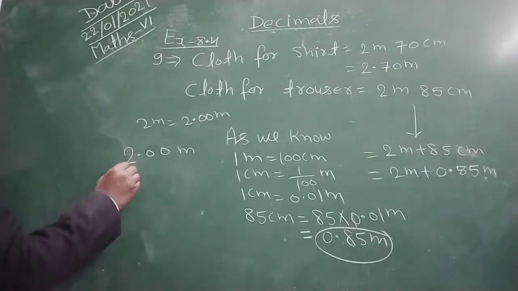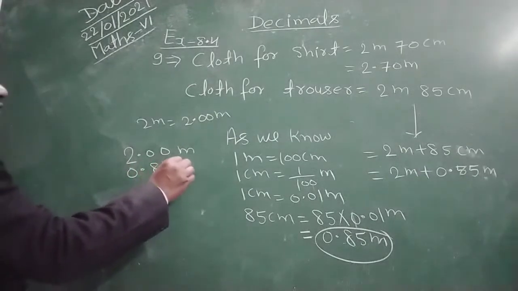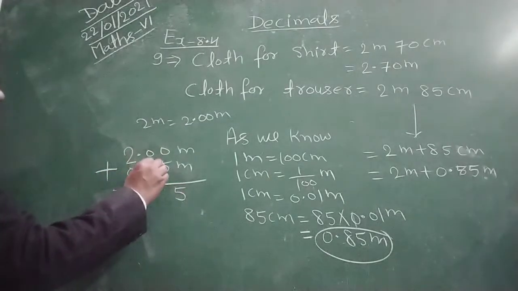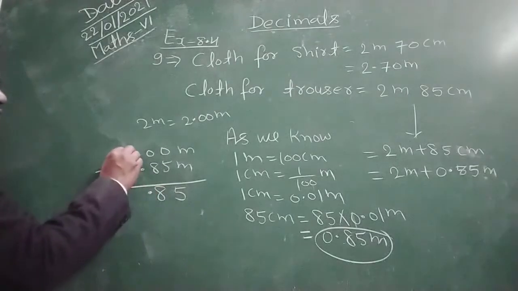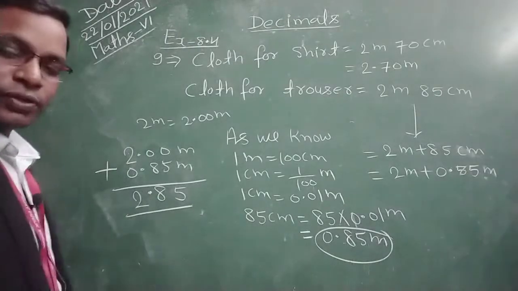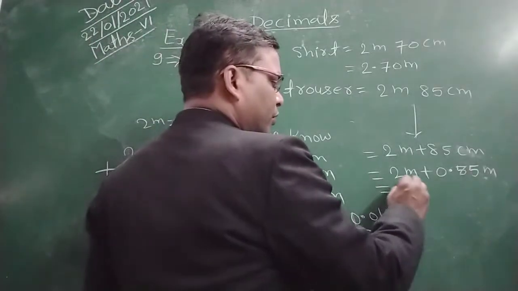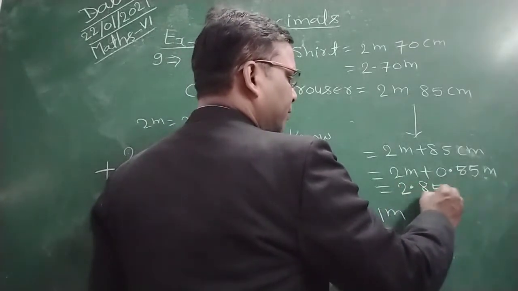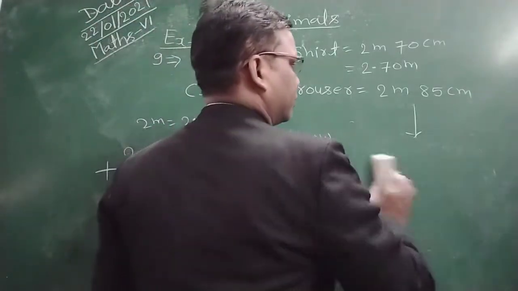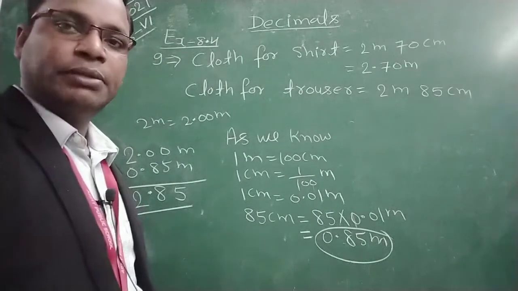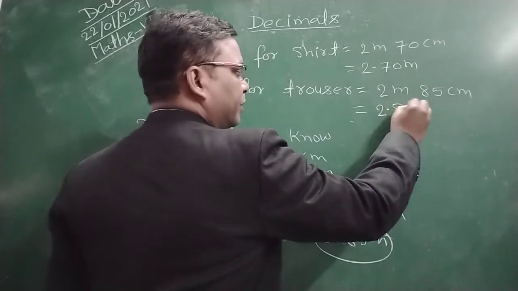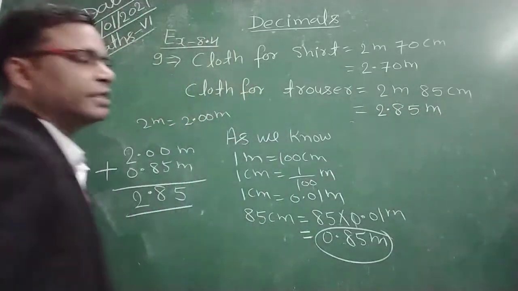And the next is 0.85 meter. If we add them, then we get 0 plus 5 is equal to 5, 0 plus 8 is equal to 8, decimal, 2 plus 0 is equal to 2. Clear? Now, you can see we get here 2.85 meter. This is clear, student? So 2 meter 85 centimeter becomes 2.85 meter. This is clear.